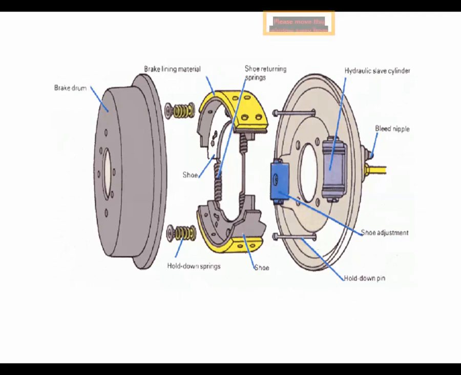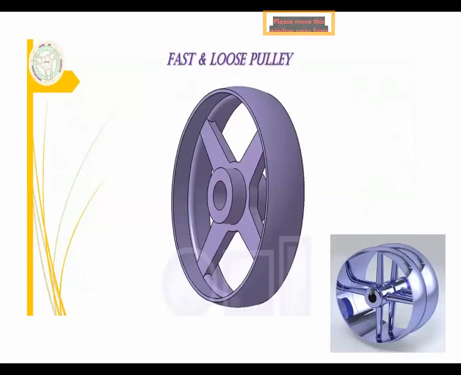Only then can you draw the detail drawings from the assembly drawing. Okay, so in this lecture we have drawn a number of diagrams. With the help of that, with the help of practice, you should draw these detailed diagrams of shoe brake.